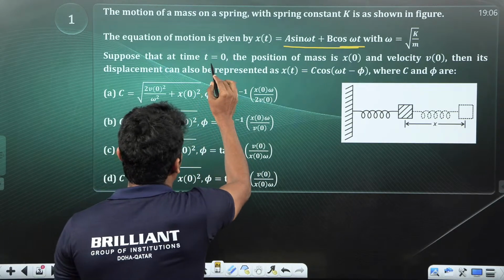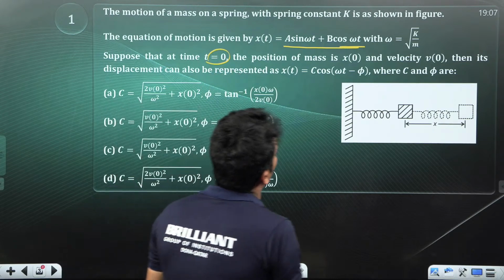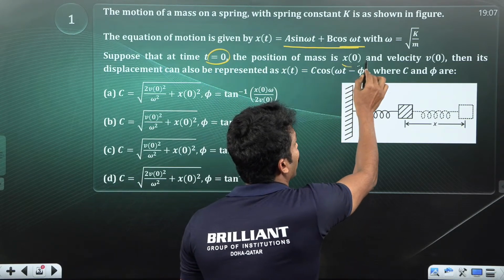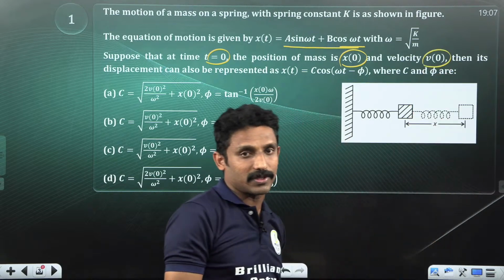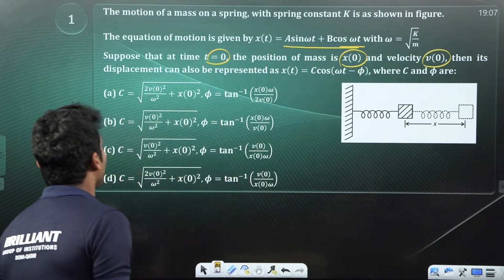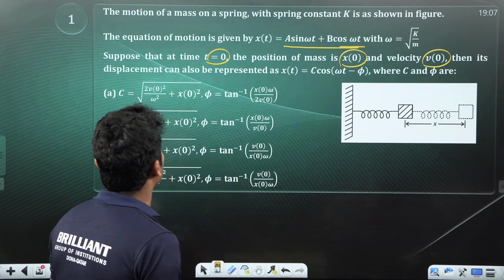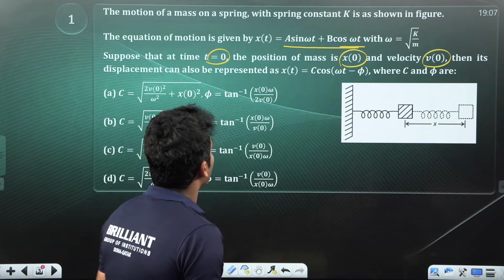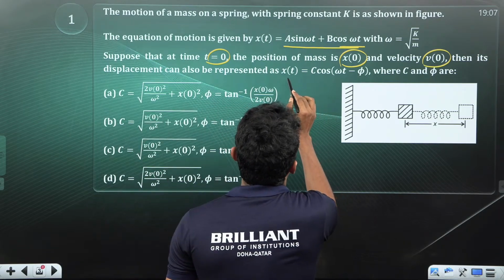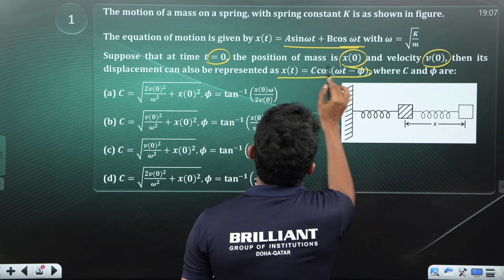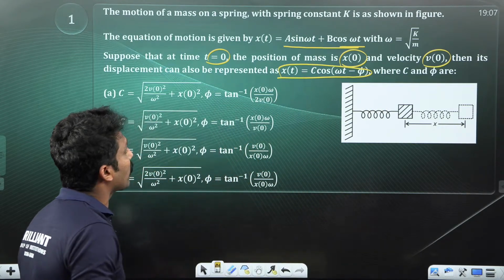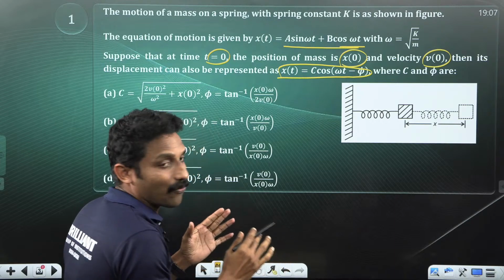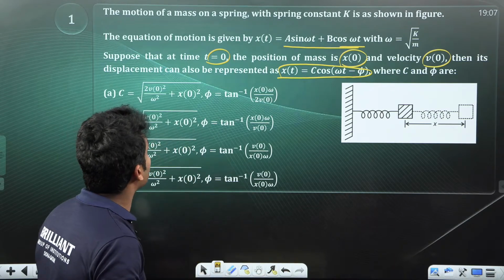Suppose that at time t = 0 the position is x(0) and the velocity is v(0). Then its displacement can also be represented as x(t) = c cos(ωt − φ), where c and φ are what? These are the options.